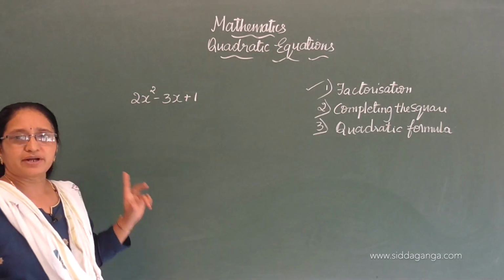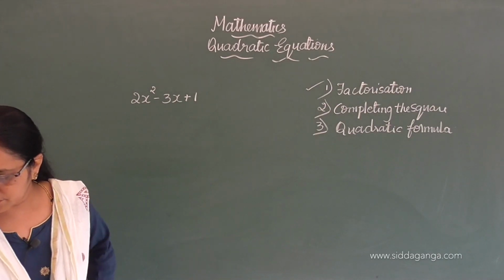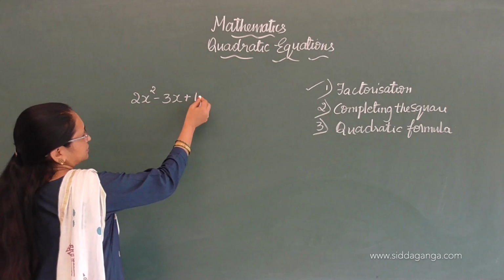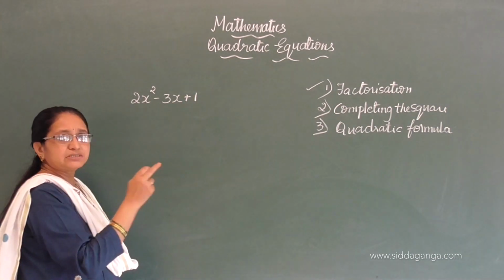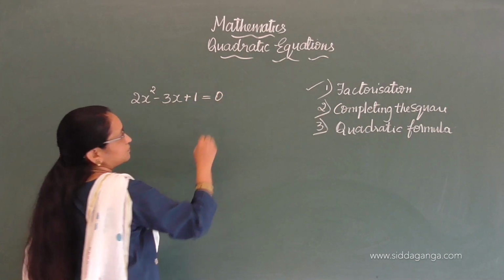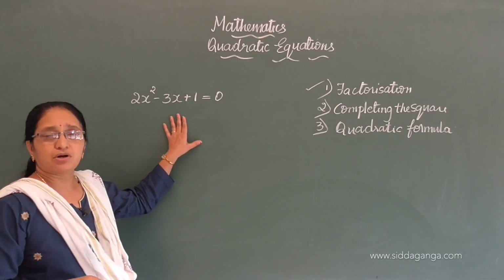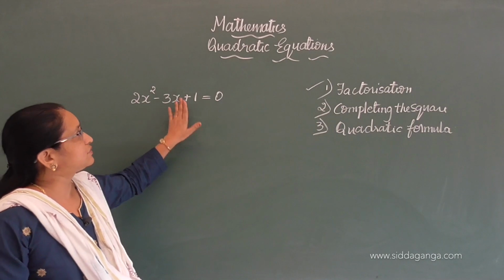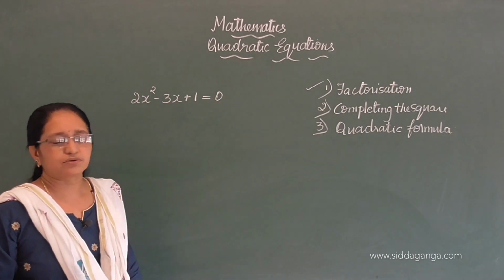So this is a quadratic polynomial, and if we equate it to 0, then it will become a quadratic equation. In the first class I had told you what are quadratic equations.